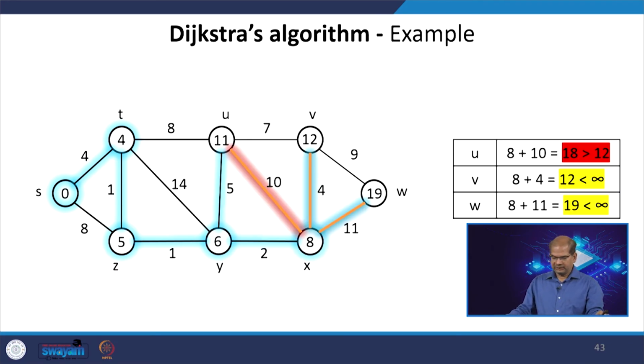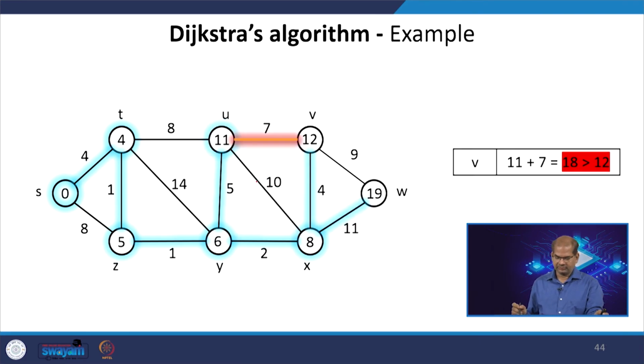So, here if you can see, this will be 12, correct, this path will be selected and this 19 will be selected, but this 10 will not be selected. Now, I have, if I go by U, from U it is 18. So, here if I go, it is 18, earlier 12 is there, which is minimum? 12 is minimum. So, this path will not be selected.